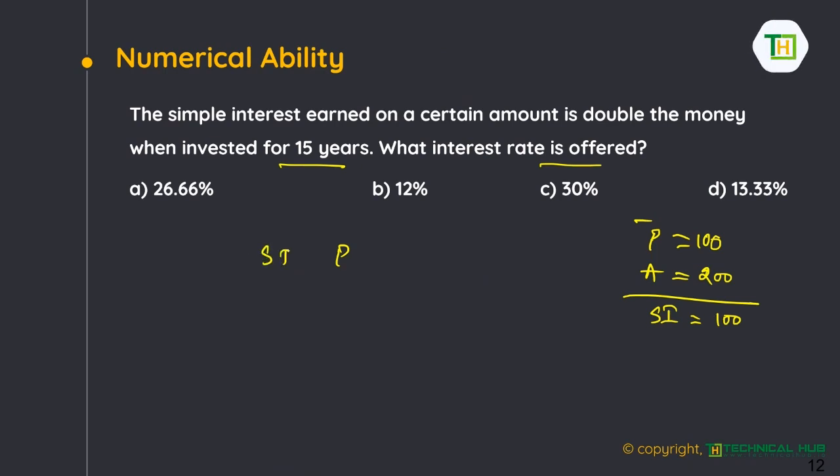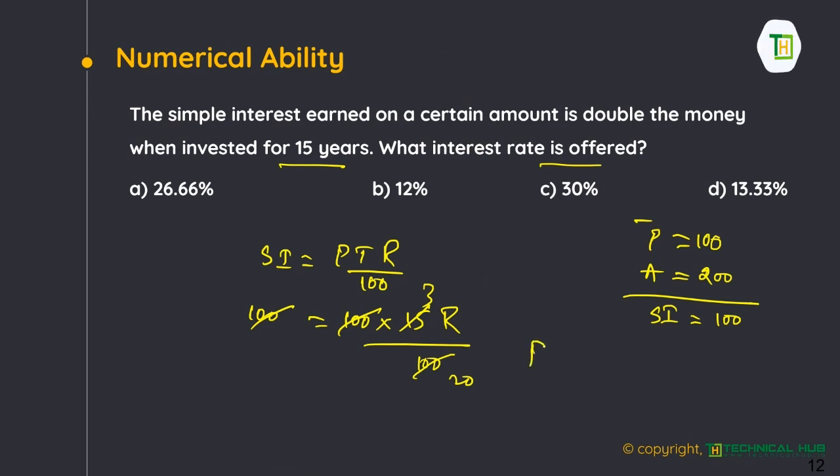As we all know, simple interest is equal to PTR by 100. Here the simple interest is 100, the principal amount is 100, and the time period is 15 years. We need to calculate the rate of interest. Here 100 gets cancelled, and 5 threes are 15, so R is equal to 20 by 3.